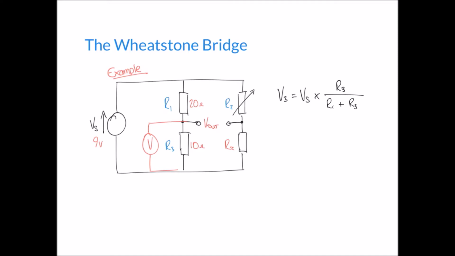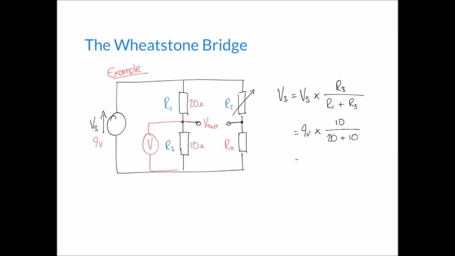And so if we put some values into our equation, we've got 9 volts as our power supply, multiplied by R3, which we know is 10, so 10 on the top, over 20 plus 10 on the bottom.